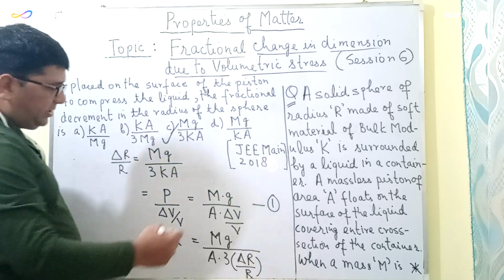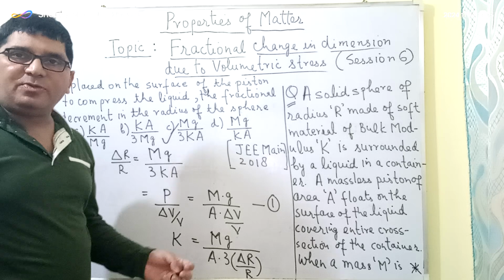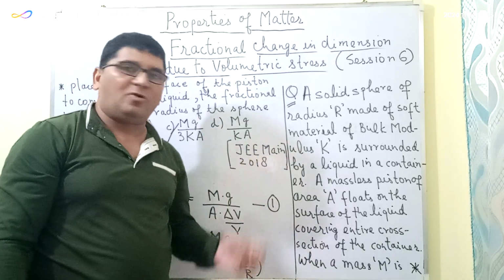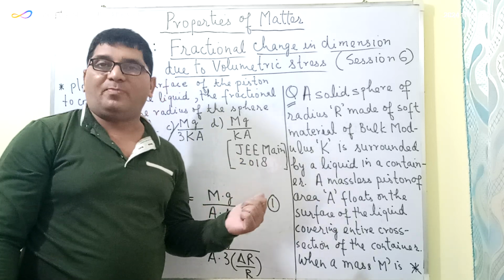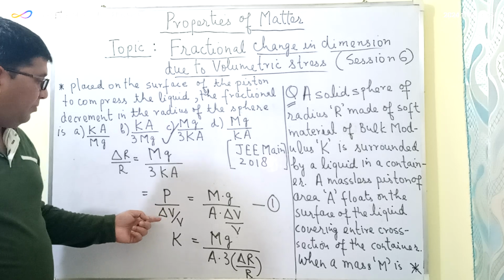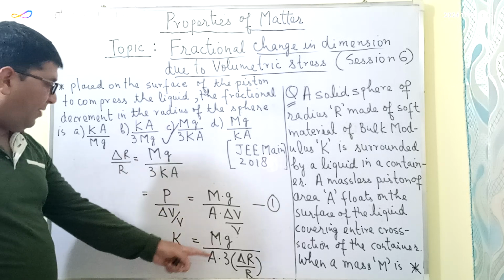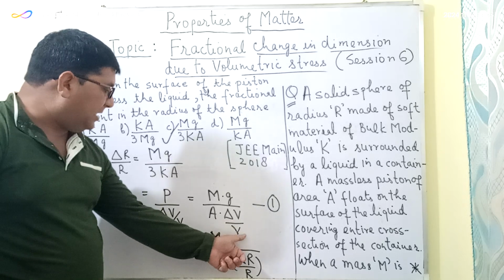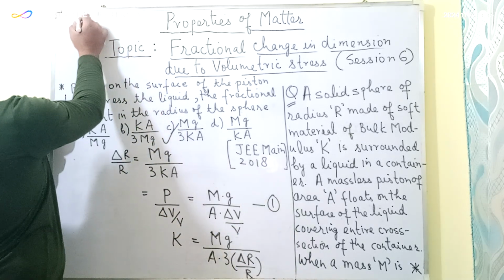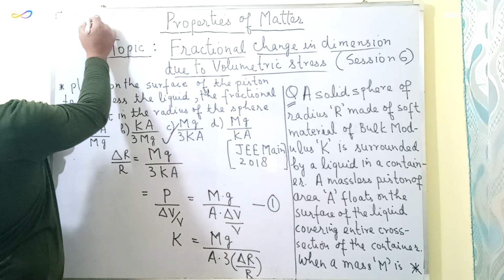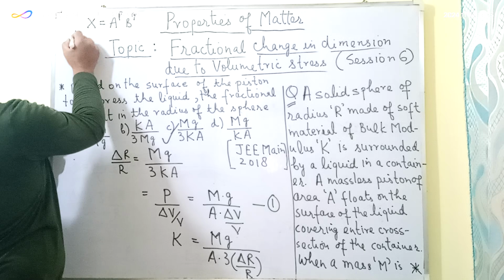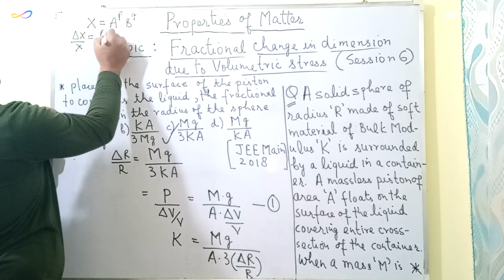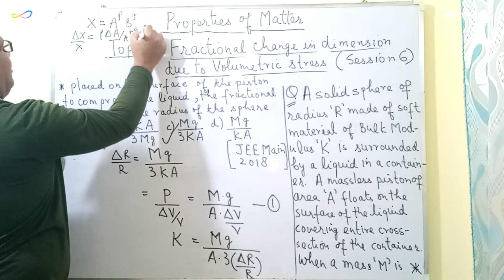So in this question, the most important thing was that you have to utilize the formula of the bulk modulus, which is equal to the volumetric stress divided by the volumetric strain, and here volumetric stress is basically the pressure, which is equal to F upon A. Secondly, we also have to calculate the value of delta V upon V, and this value was calculated by using this concept: if there is a physical quantity x equal to a to the power p, b to the power q, then delta x upon x will be equal to p times delta a upon a plus q times delta b upon b.